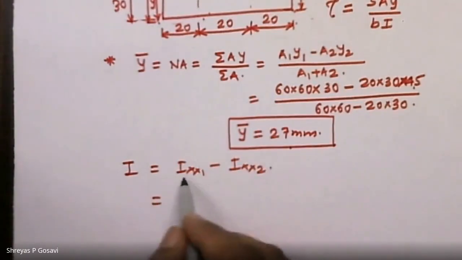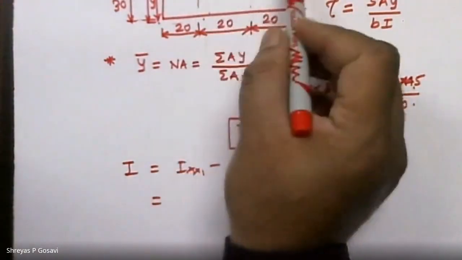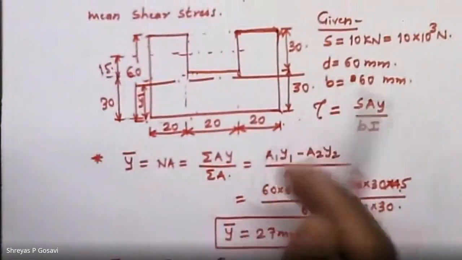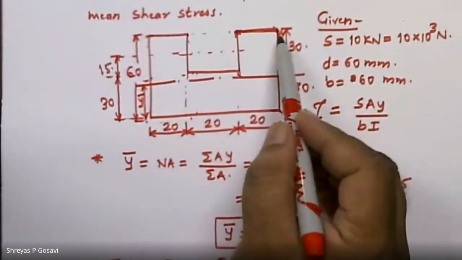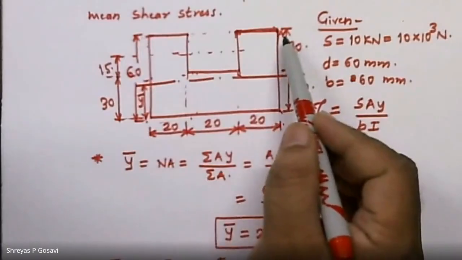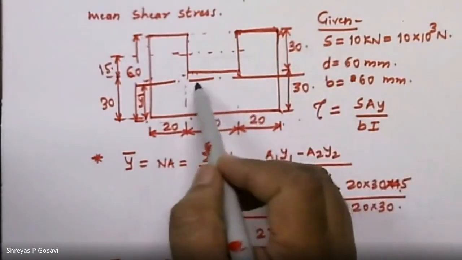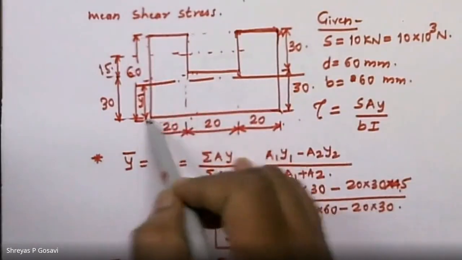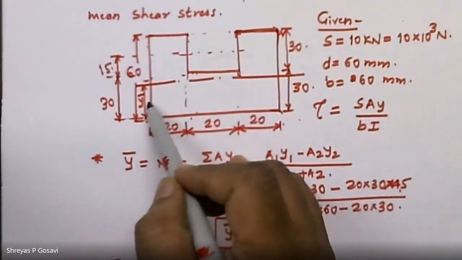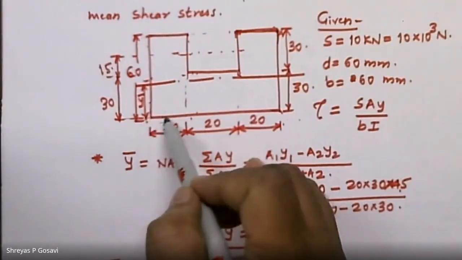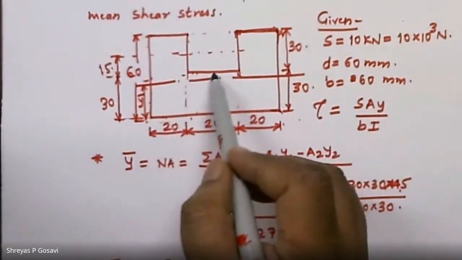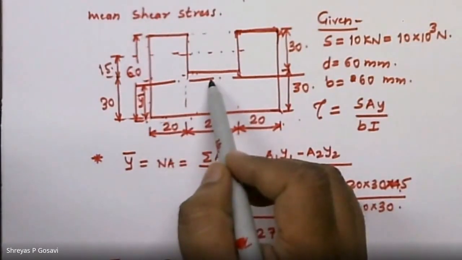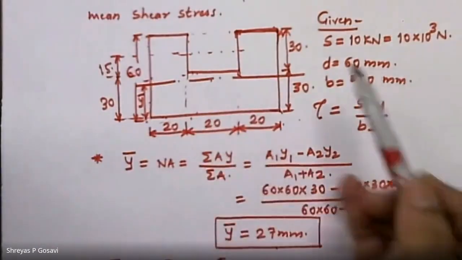Now if we consider the outer section, the centroidal axis of this outer section will be at 30 millimeters from the base, whereas the location of the neutral axis is 27 millimeters from the base. Since both the axes are parallel to each other, we'll have to apply the parallel axis theorem.